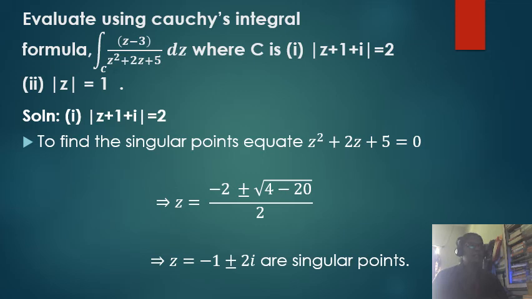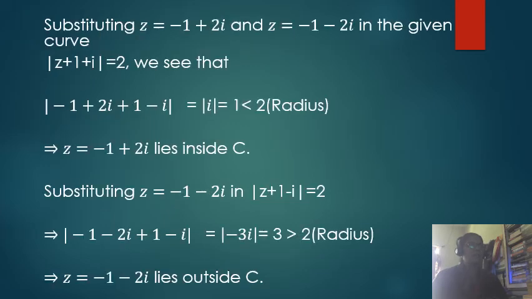Therefore we get the singular points minus 1 plus or minus 2i. So z equal to minus 1 plus 2i and z equal to minus 1 minus 2i are the two singular points. Substituting these two singular points in the curve modulus of z plus 1 plus i equal to 2, we see that for the first point, minus 1 plus 2i plus 1 plus i, by cancelling minus 1 plus 1 we get modulus i, and modulus i is equal to 1, which is less than 2.